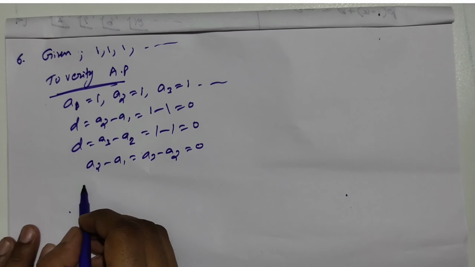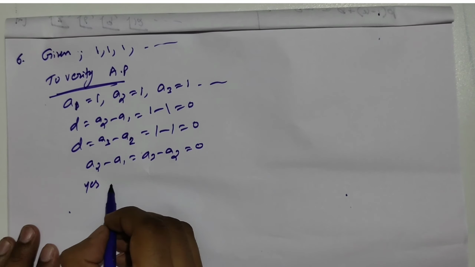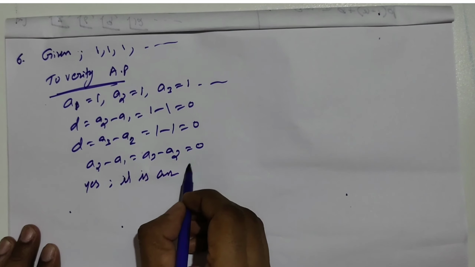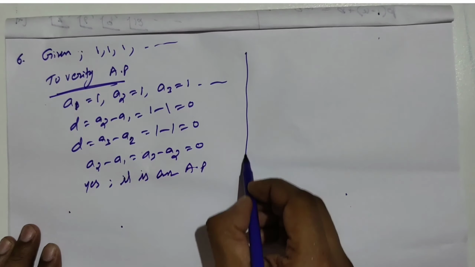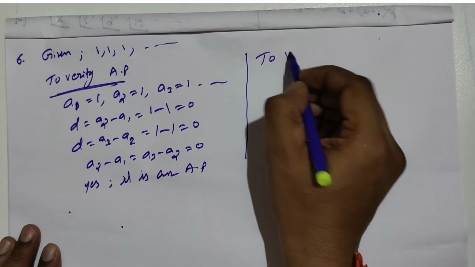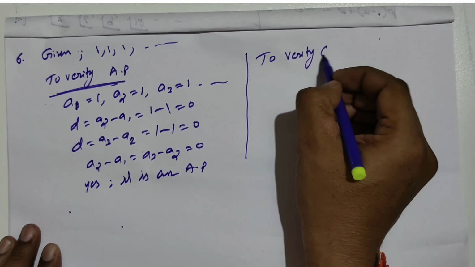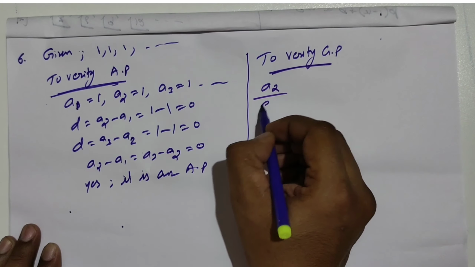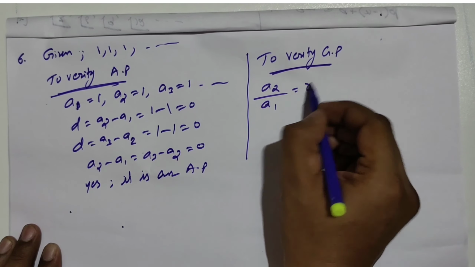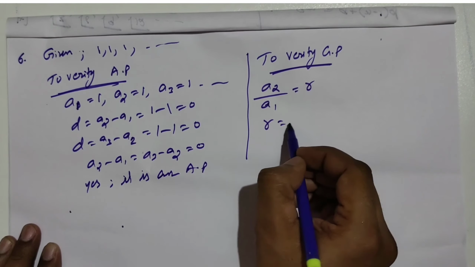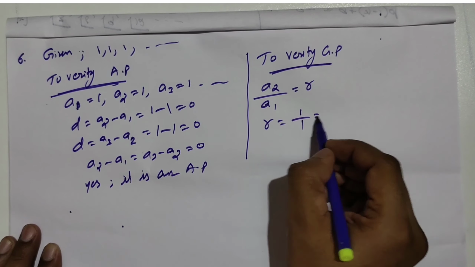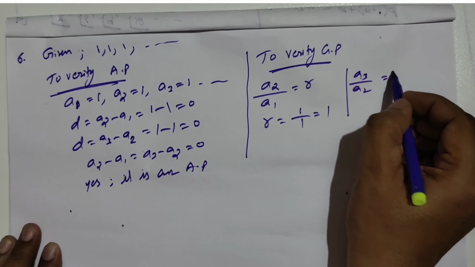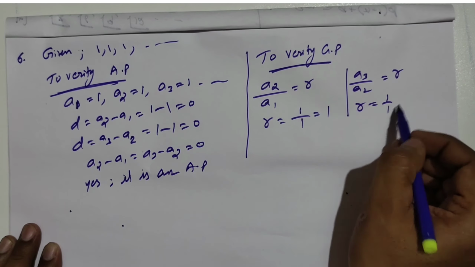So yes, it is an AP. And next, to verify GP, as you know the common ratio formula, A2 by A1. So here first you find A2 by A1, that is 1 by 1, we get 1, and also find A3 by A2. So here also we get 1.